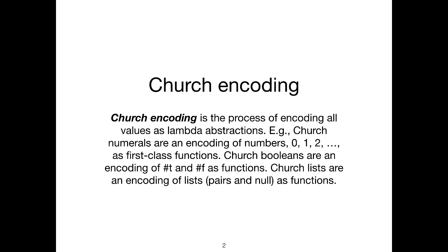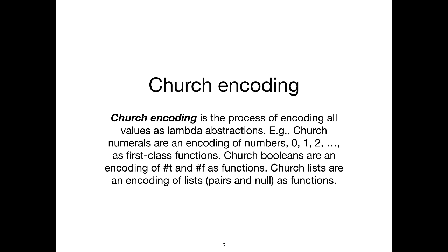So church encoding is a process of encoding all of the values in our programming language. So things like numbers, Booleans, and also constructs as well, so things like if, then, and other things like that. Encoding all these different values as just lambda abstractions.